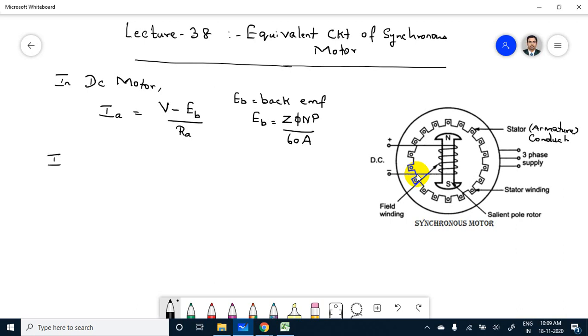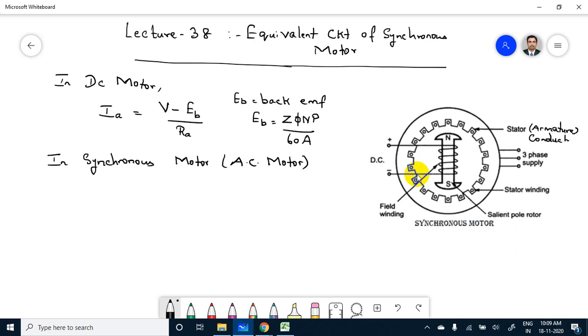But a synchronous motor is an AC machine, and in an AC motor a back EMF will also be produced.